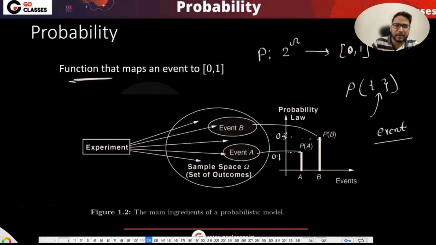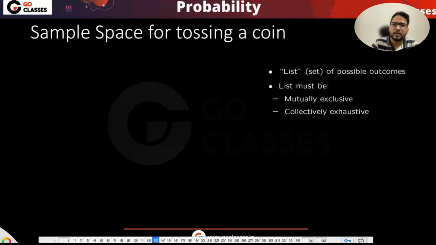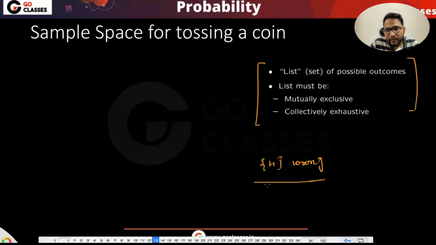Let's have some examples, and by that let's try to understand what the sample space is, what an event is, and so on. These are two properties of sample space. The first is that it is the list of all possible outcomes. You cannot say the sample space is just head, because you must have the list of all possible outcomes.